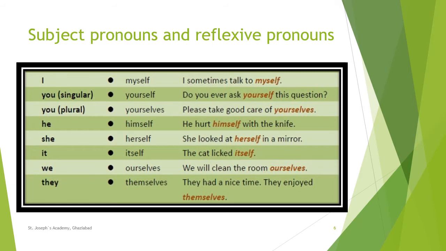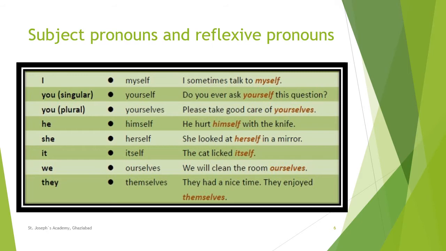For example, I sometimes talk to myself. When the subject is you in the singular form, then the reflexive pronoun will be yourself. Example, do you ever ask yourself this question?